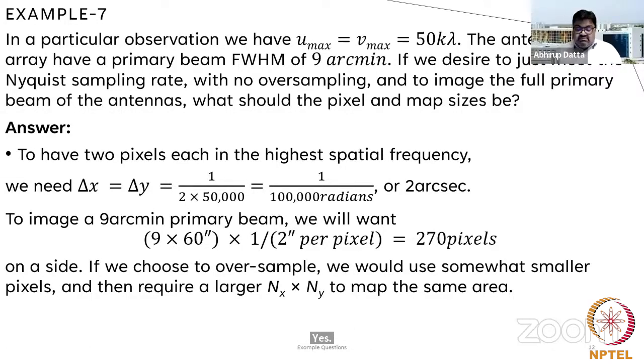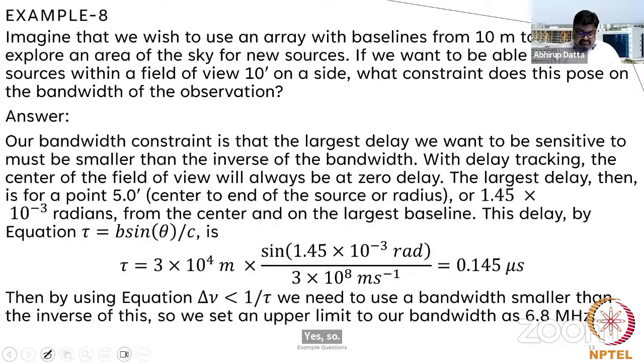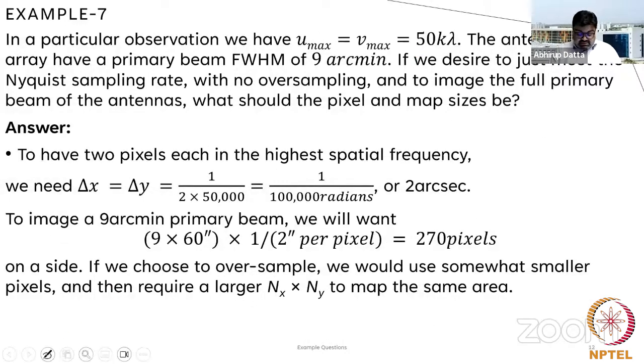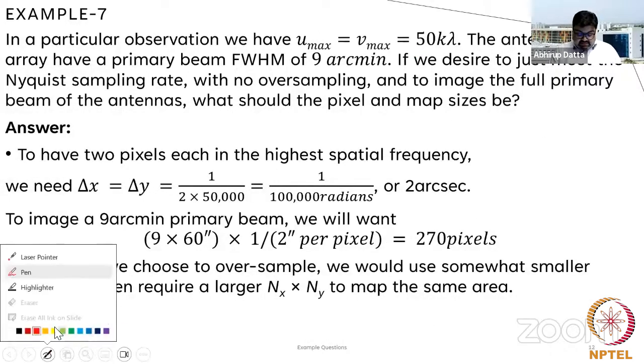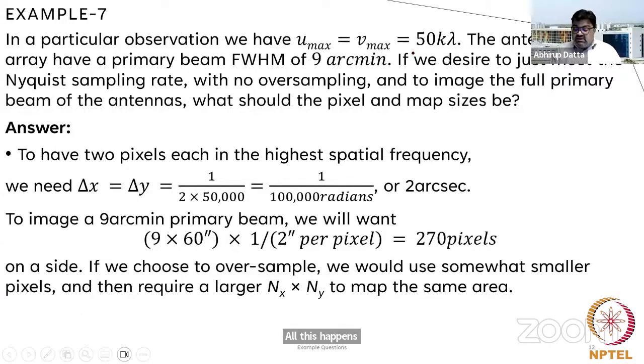So in a particular observation, we have Umax and Vmax given by 50 kilo lambda. So they are corresponding to the Pmax, right?